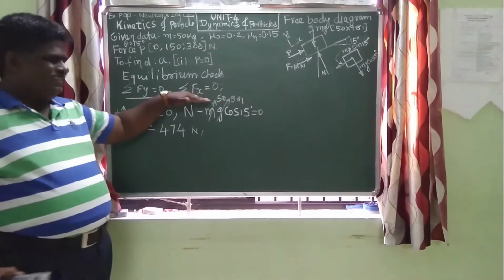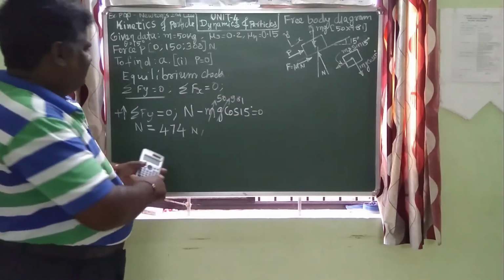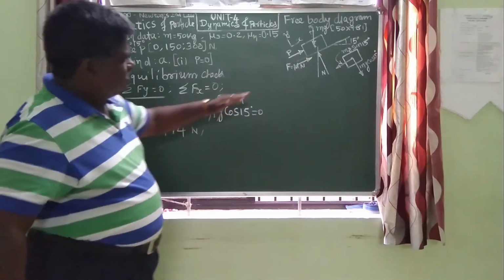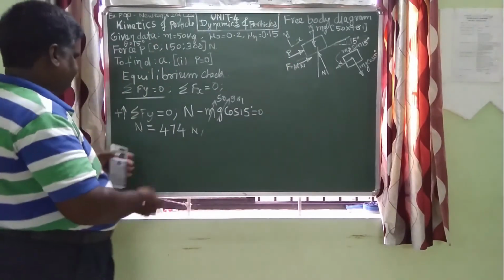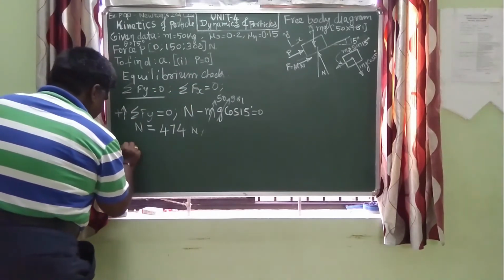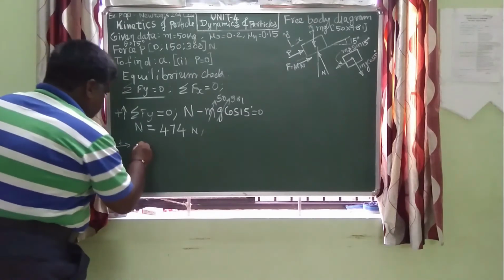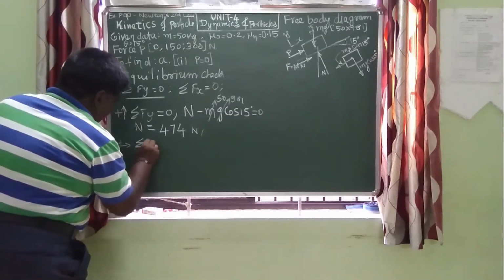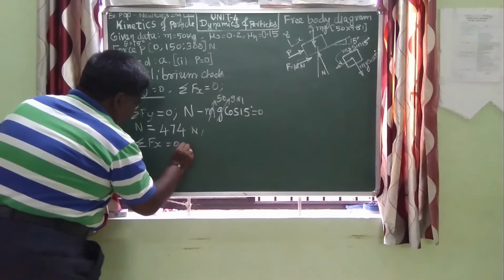Then apply the equilibrium condition in x direction. In the x direction, the external force is acting in the positive direction, that is we consider from left to right as positive. Summation of F x equal to 0.